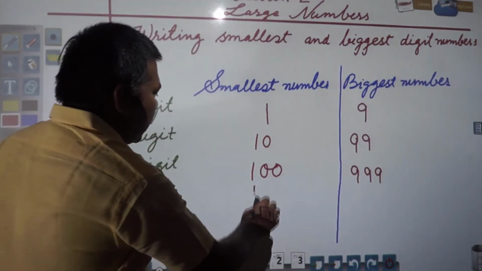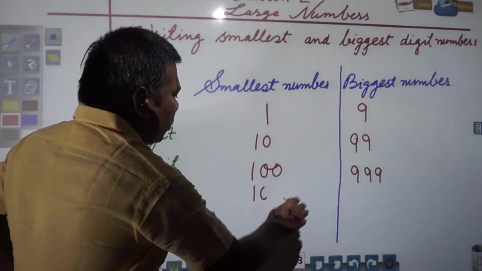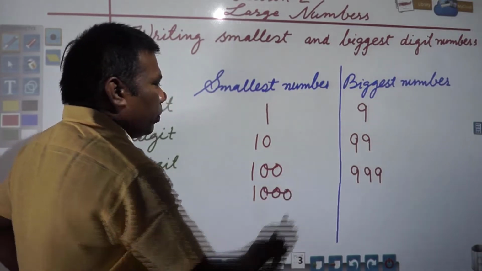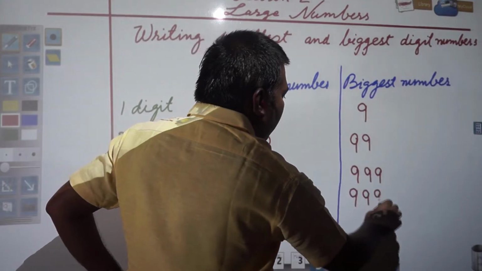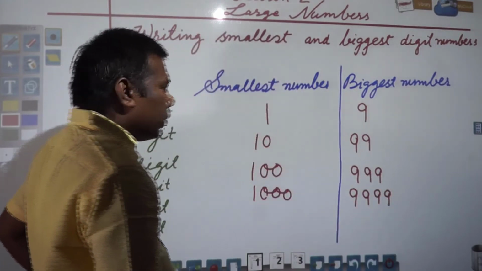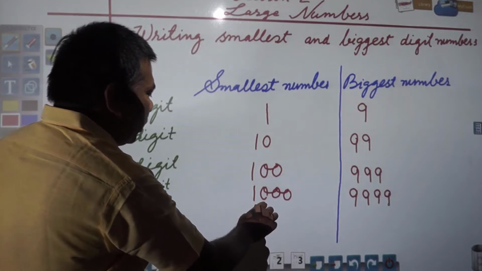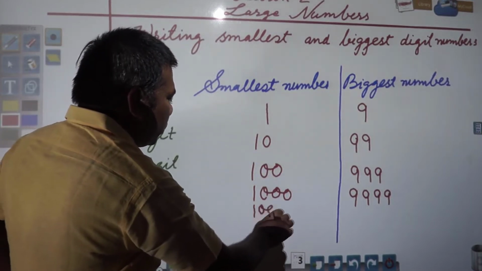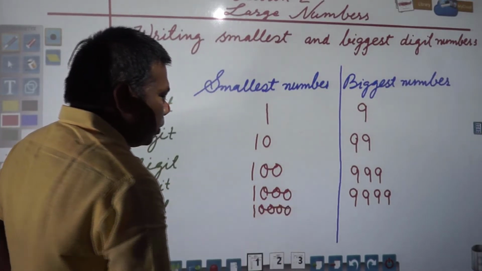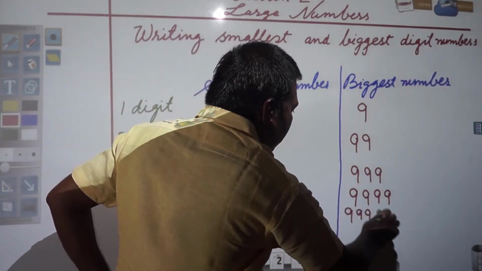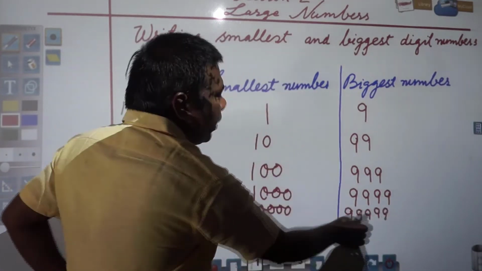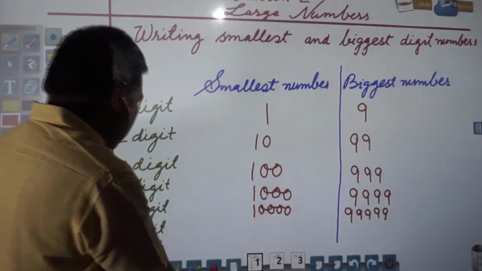For 4 digit, again you put 1 and 3 zeros. The biggest number is 9, 9, 9 and 9. You write 9 four times. For 5 digit, you write 1, 0, 0, 0 and 0. Then 9, 9, 9, 9, 9. This is the 5 digit biggest number.